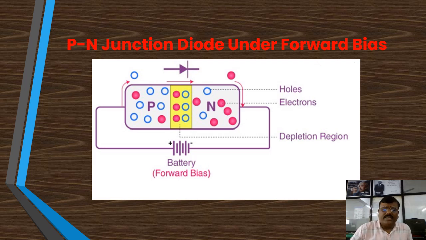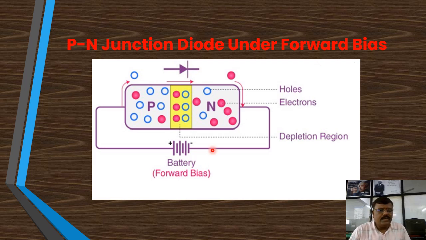What is the forward bias? If the positive terminal of the battery is connected to the p-type and the negative terminal of the battery is connected to the n-type semiconductor material, this condition is called the forward biasing condition. In the forward bias, the applied voltage essentially narrows the depletion zone, and it lowers the barrier potential, allowing charge carriers to cross the junction.